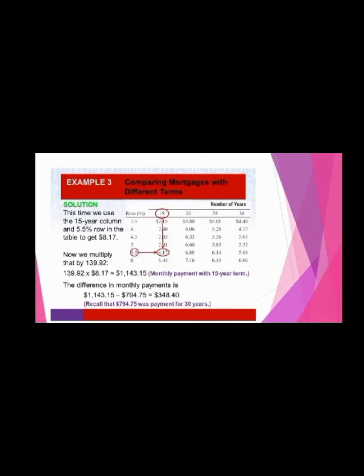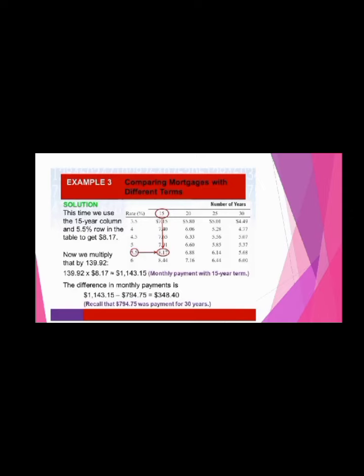So, the difference in monthly payment is 1,143.15 minus 794.75. So, mauna ni, diba, ang 15-year term monthly payment is 1,143.15.